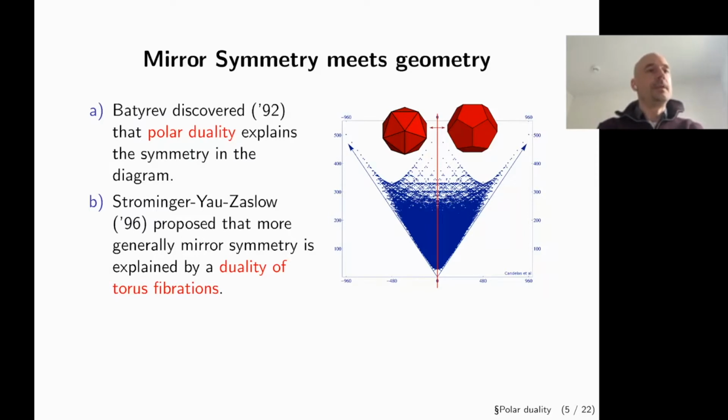So we need to generalize this construction, and there's an interesting geometric interpretation for it, which was suggested in 1996, namely that two Calabi-Yau threefolds, whenever they are mirror dual, should fiber over the same base, and then the fibers should be dual tori. Okay, so there's a completely different description.